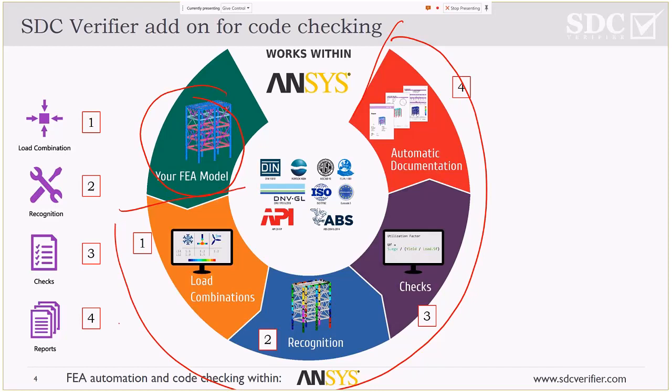And the last part, which is also very, very important, is automatic documentation. We have a very extensive module which makes it possible to make a complete calculation document, a complete document of the model description report.